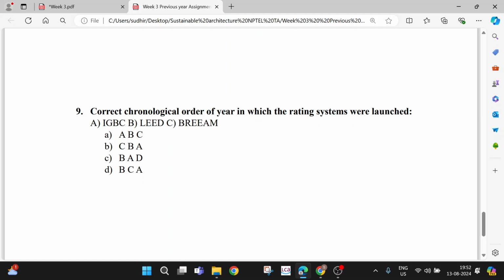What about LEED? LEED is 1998. Sarad is absolutely right. And what about the last one, IGBC? I have also discussed it in the problem-solving session. It is 2001. Okay, so now it is clear.